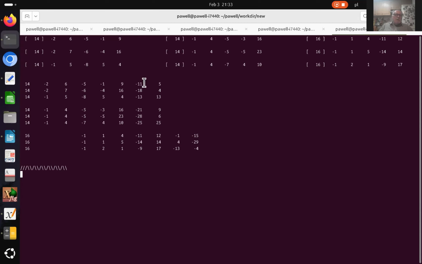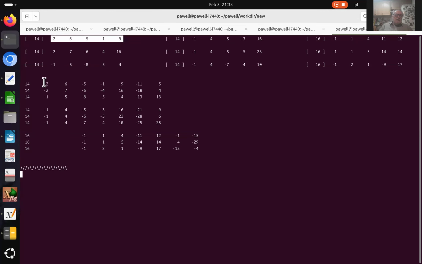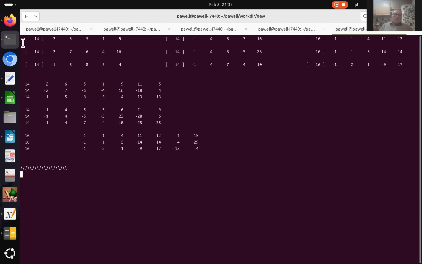Here you have more of them. This and this are the same, only this is cut at a later point. In the brackets, you have an indication of what is the lowest degree term.